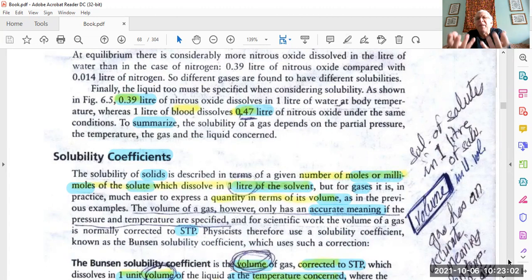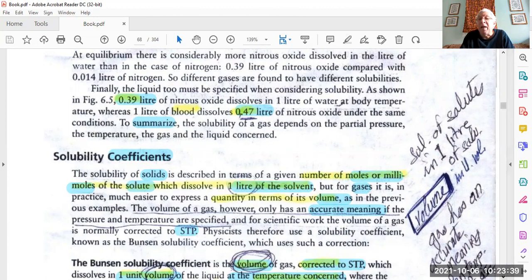This means we must return the gas to the standard state, which is temperature zero and atmospheric pressure, 1 atmosphere. This is the standard that most scientific researchers use, where the pressure is 1 atmosphere and the temperature is 0 degrees Celsius or 273 Kelvin.